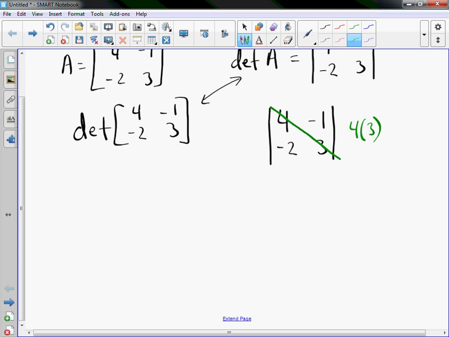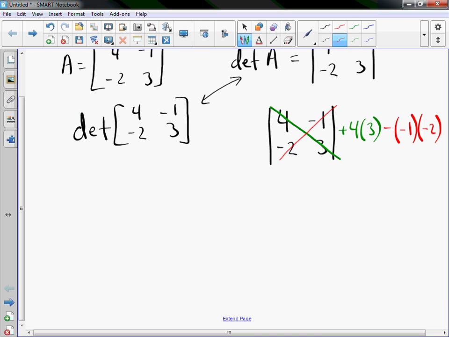Anything I go left to right on, I'm going to add. Then I'm going to take the other diagonal right to left, and I'm going to subtract anything I go right to left on. So minus, and then in parentheses, -1 times -2.